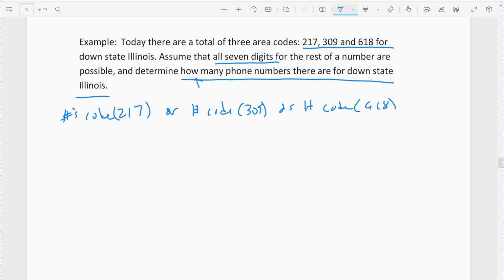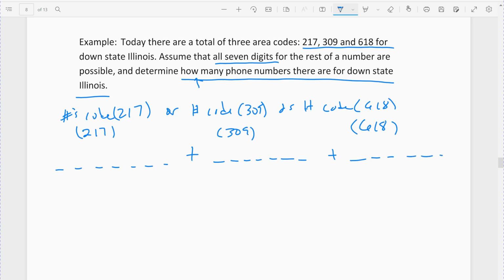Then you have 7 digits remaining that you can have your phone number as. So what you have to figure out is for the 217, 1, 2, 3, 4, 5, 6, 7, the digits that go with that, plus, remember OR is plus, the 309, plus the 7 digits that go after that, plus the 618, and the 7 digits that go after that.